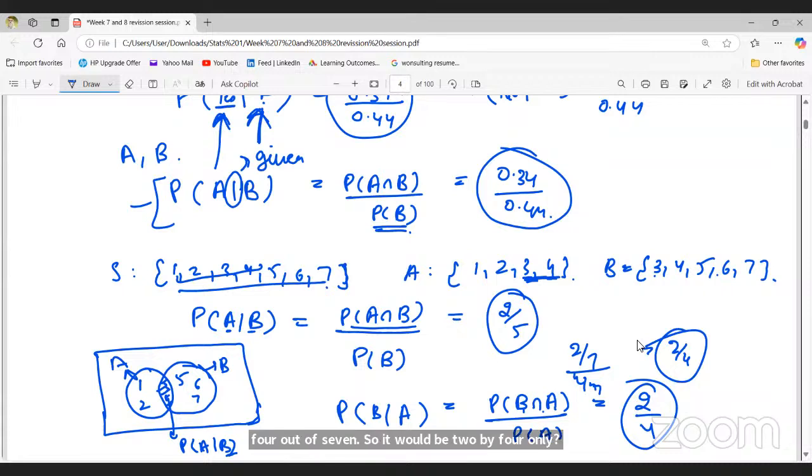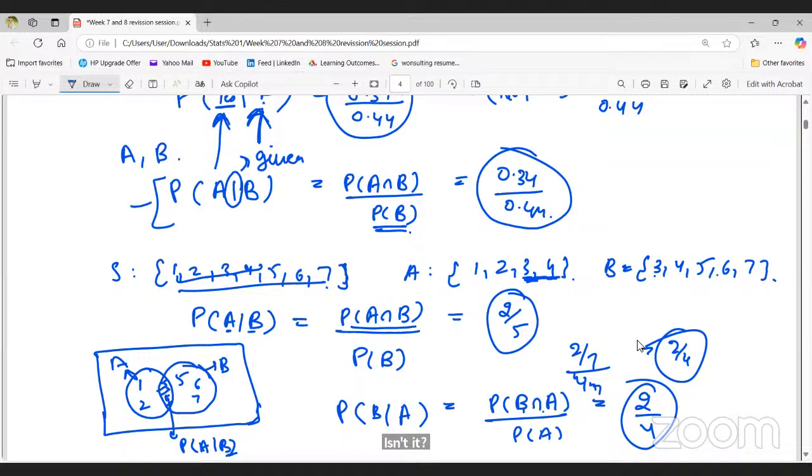Ma'am, this indicates a kind of dependence between A and B, right? The significance of this is that it indicates a dependency between the two events. Yes, you can say that.